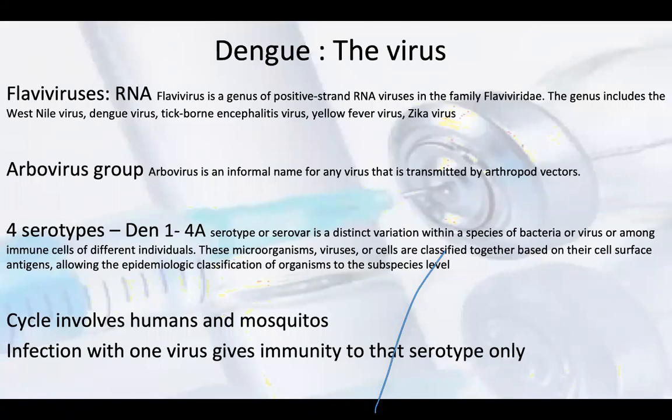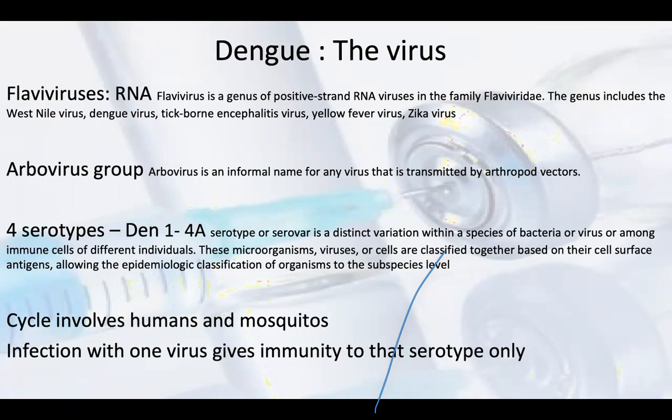Its genus includes West Nile viruses, dengue viruses, tick-borne encephalitis viruses, yellow fever viruses, and Zika viruses. So this family has different types of viruses.